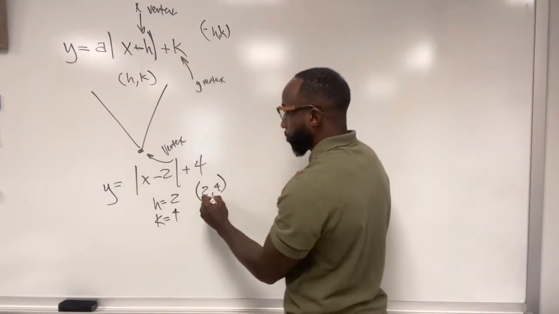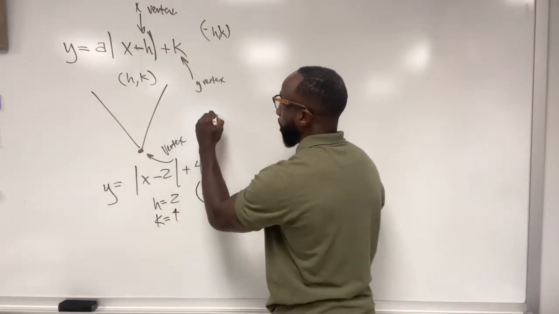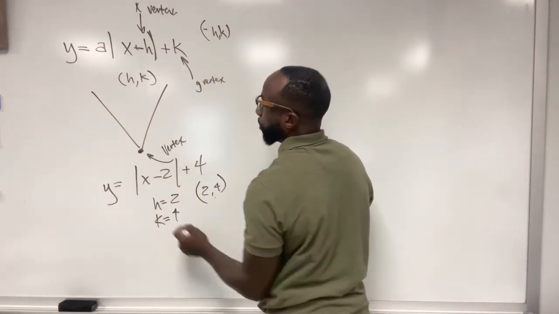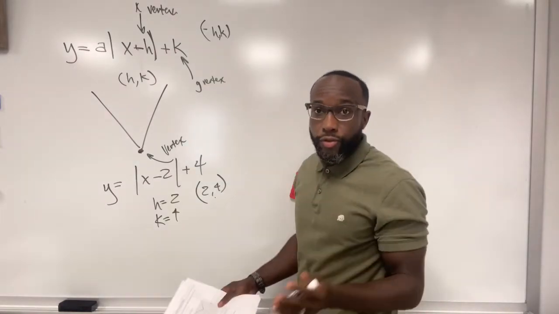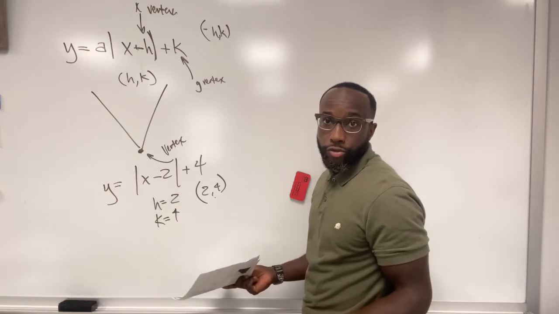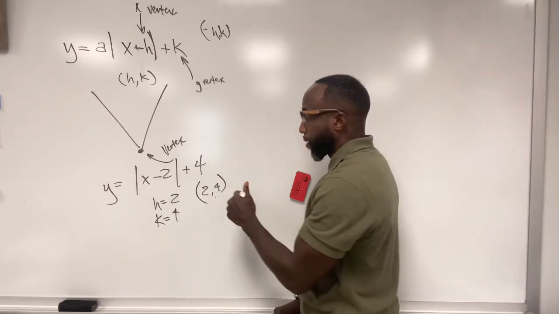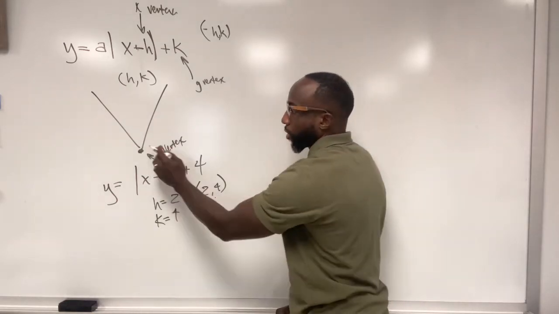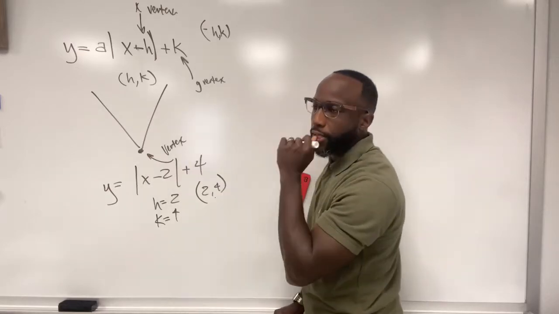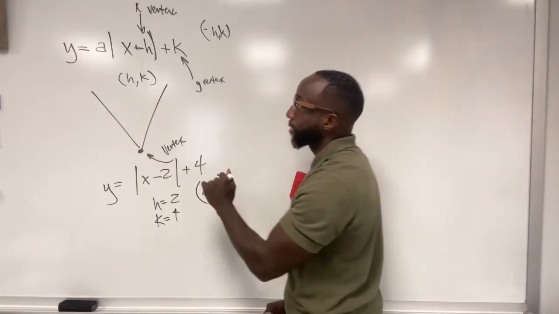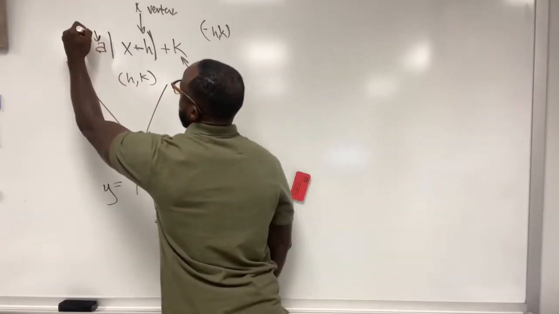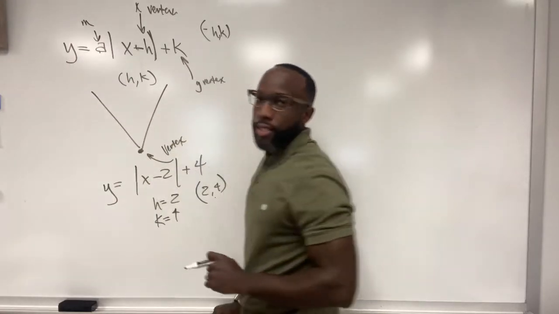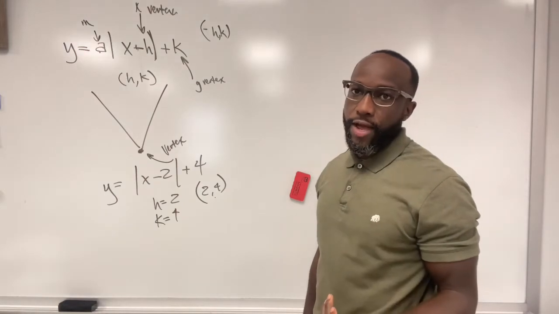So what you'll do is start at (2, 4), and then you will continue going up. We started at (2, 4). How do we get the other points? If we look at this, the a term represents the slope of your absolute value function.